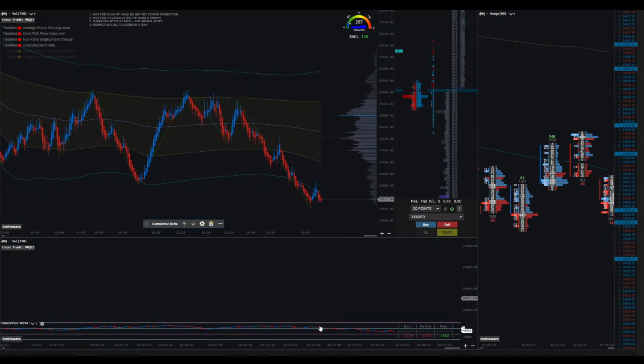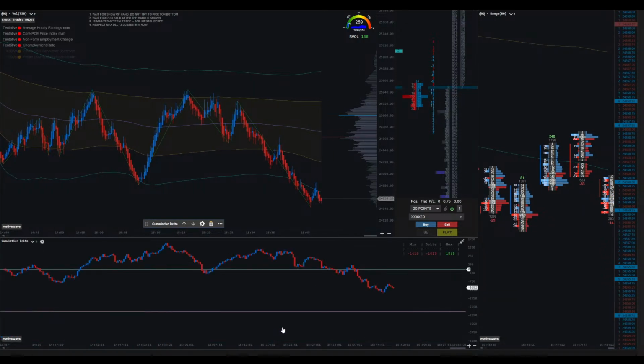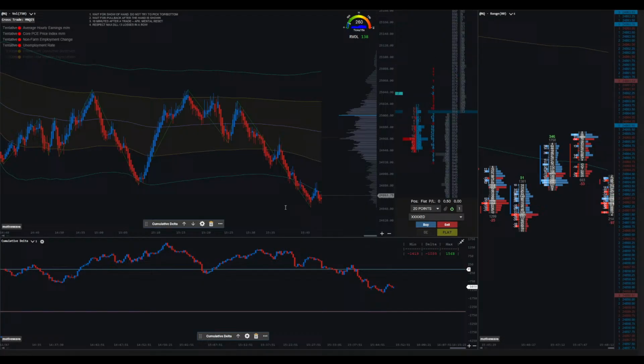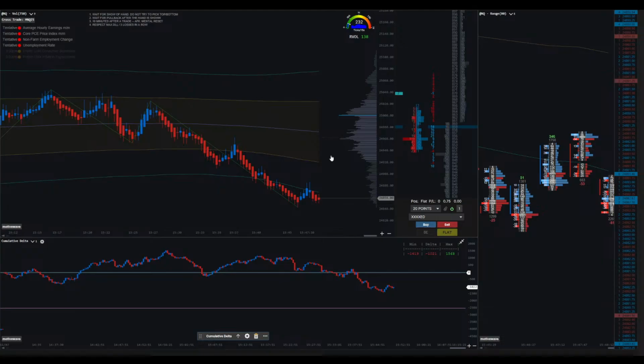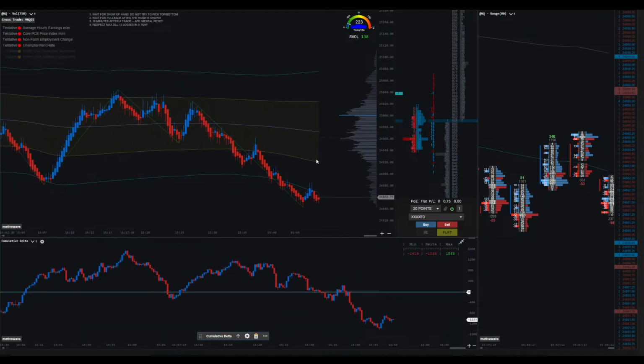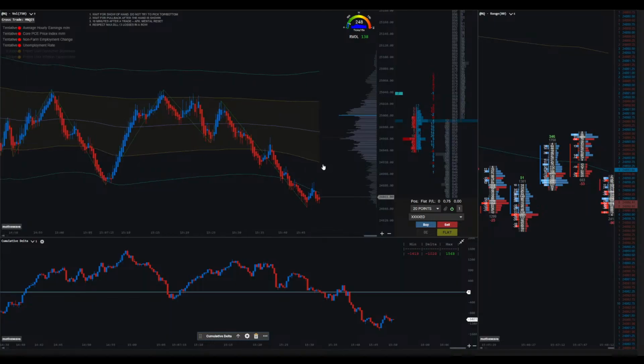Yo, what the fuck? Okay, when I scale this doesn't get scaled. Holy fuck, it's lagging.